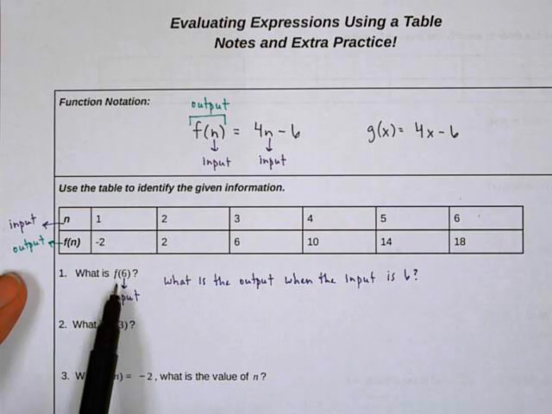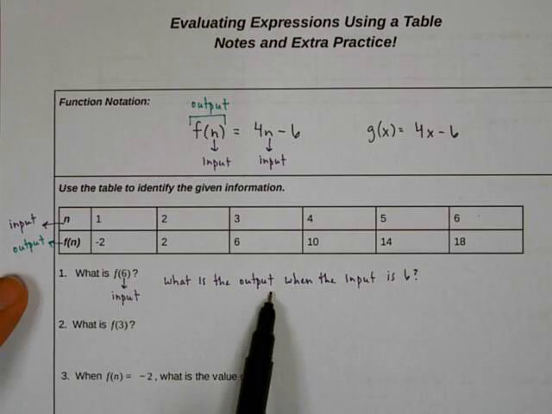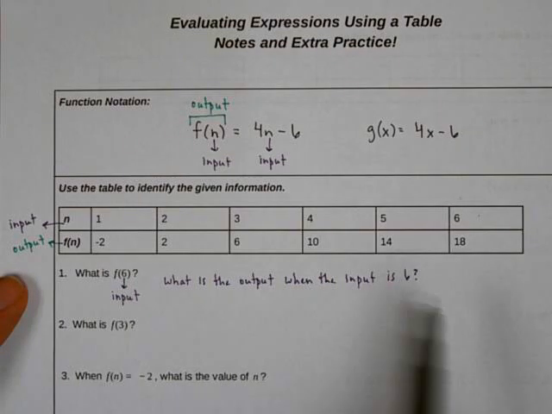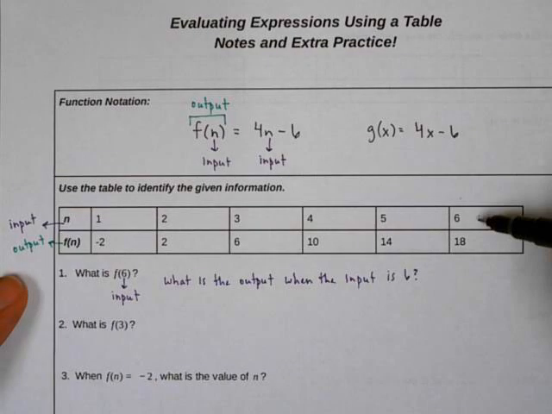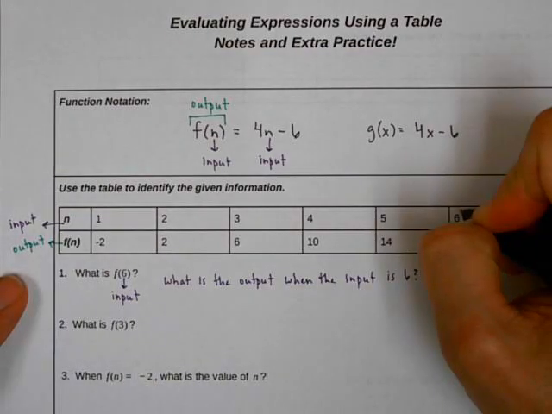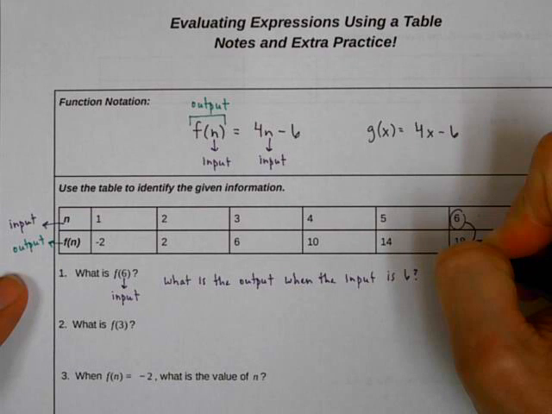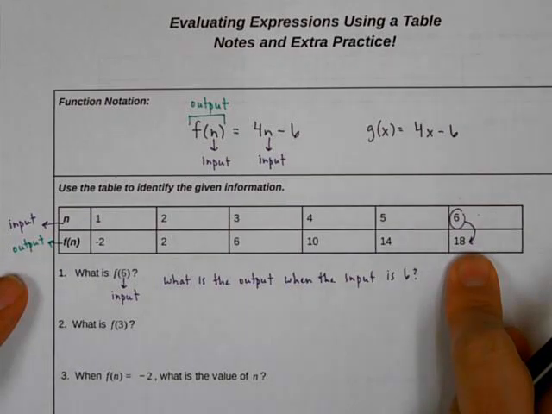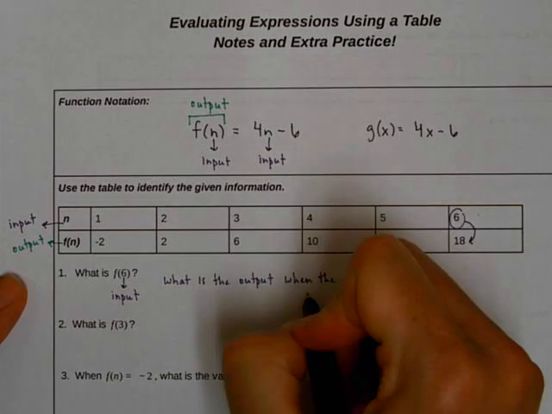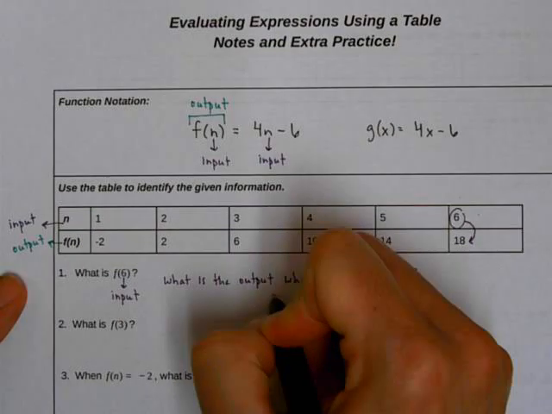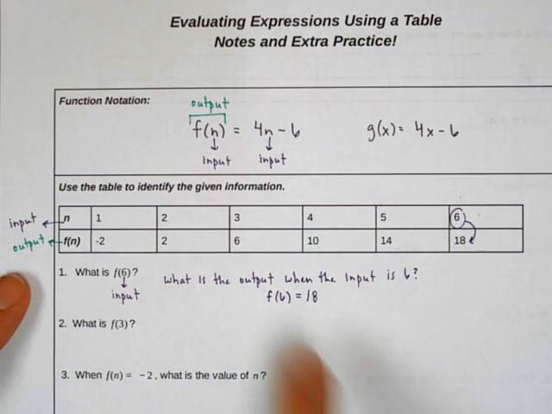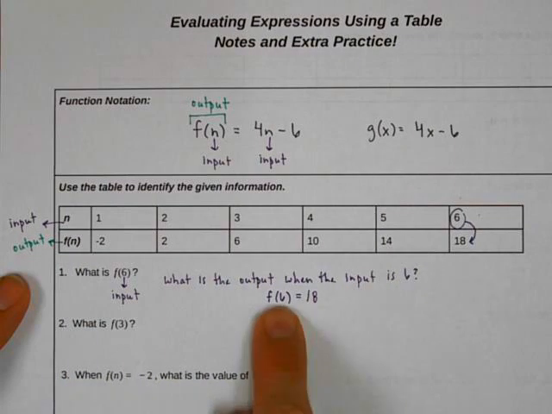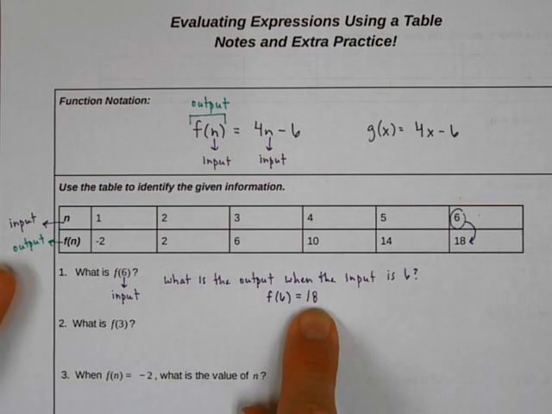So they gave us an input value, which means they want the output when the input is 6. So I go into my table that gives the inputs, and I'm going to find 6. Now, once I've found 6, I can look, and the output value for that is 18. So the answer for number 1, we would say f of 6 equals 18. When the input is 6, my output is 18.